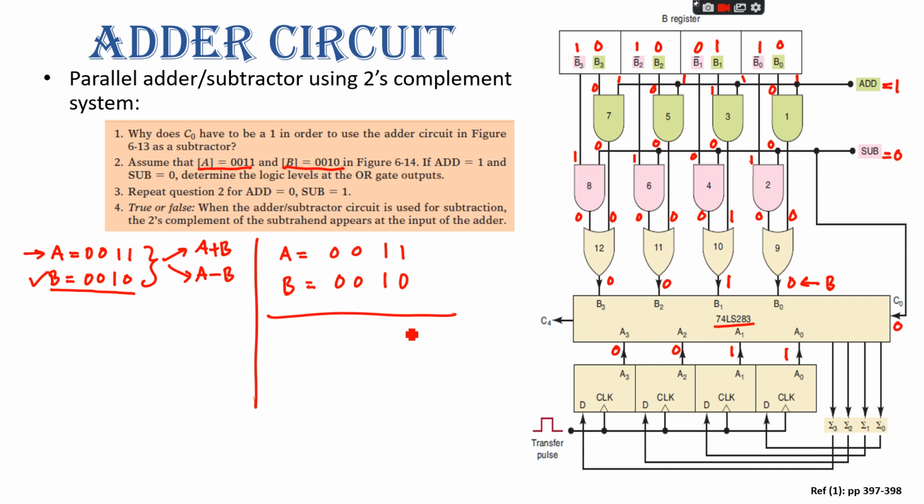So the summation would be 101, with a carry here. This number represents decimal 3 and this number represents decimal 2, so the sum should be 5, and it would appear here as 0101 as output.